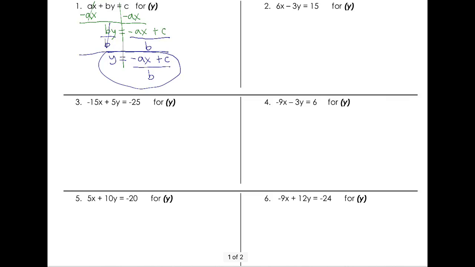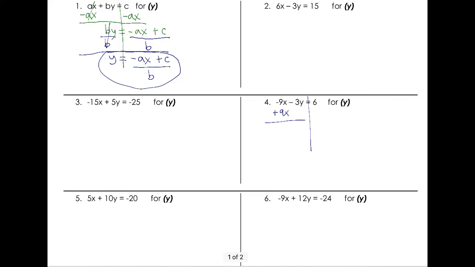Okay, let's look at number 4. So we're down here now. Again, we're looking to solve for y, which means we want to get everything else off of that side and onto the other side. We have a positive 9x here, so we want to get rid of that by doing the opposite, which is adding 9x.